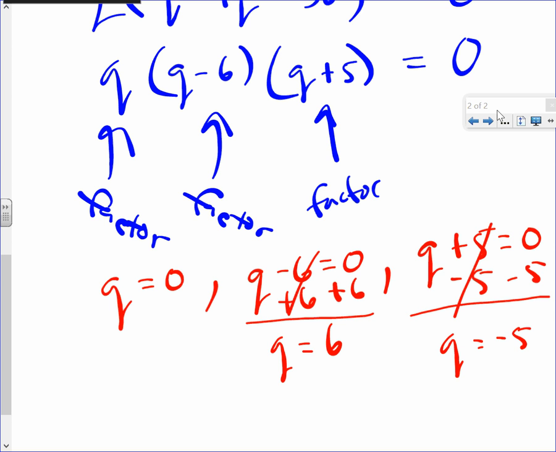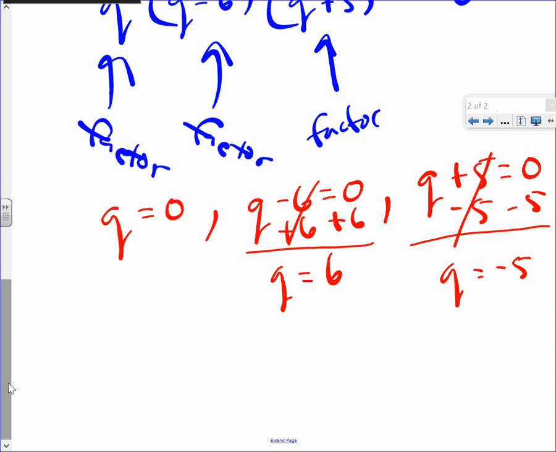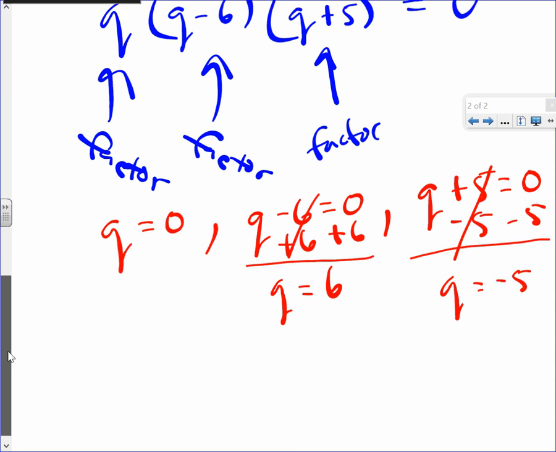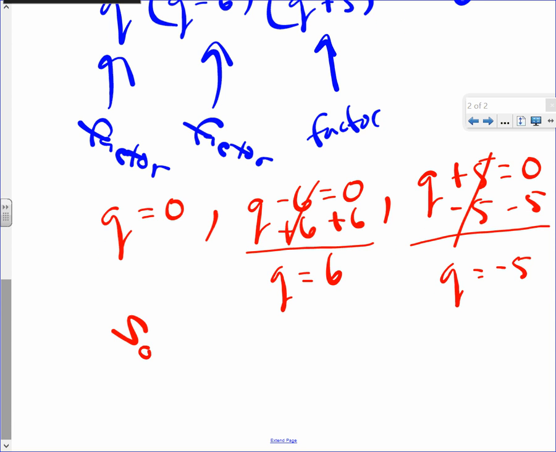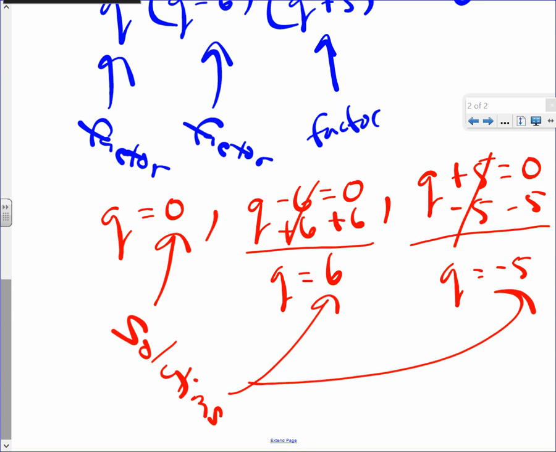We have 3 solutions to this equation. Right, Reyes? I'm losing you. I'm showing you jujitsu. Come on. 3 solutions. Let's write solutions and put an arrow at the 0, the 6, and the negative 5. Believe it or not, if I replace q with those numbers, it'll satisfy the original equation we started off with, this polynomial equation.